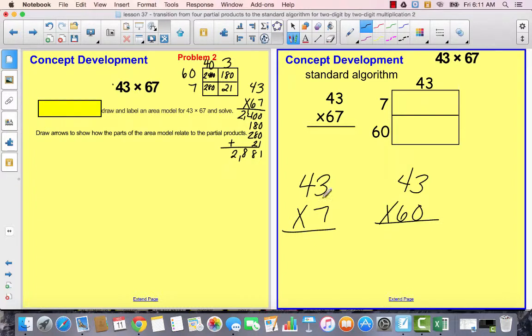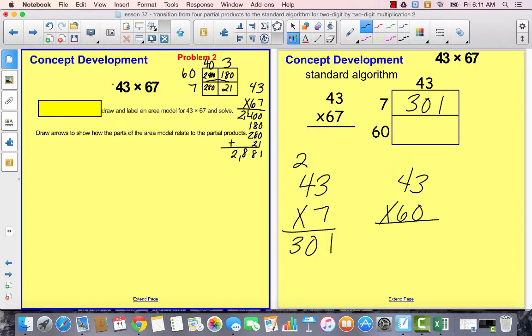If you remember from standard algorithm, 3 times 7 is 21, 4 times 7 is 28, plus 2 is 30. So 43 times 7 is 301. This is exactly what we would get if we added these two numbers together doing partial products: 280 plus 21 is 301. Now we're going to do 43 times 60.